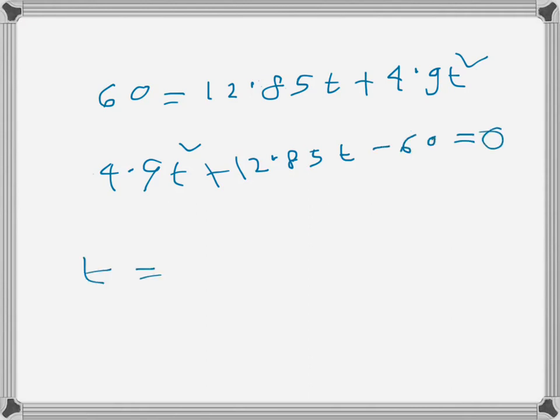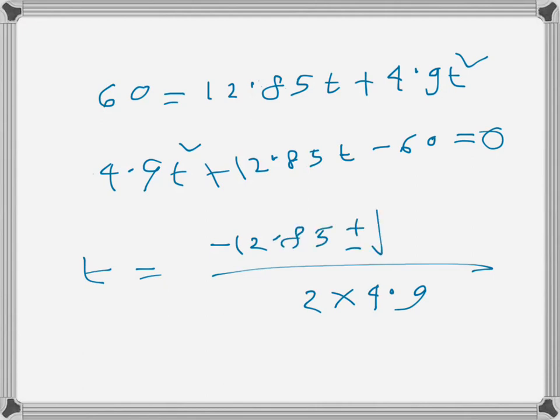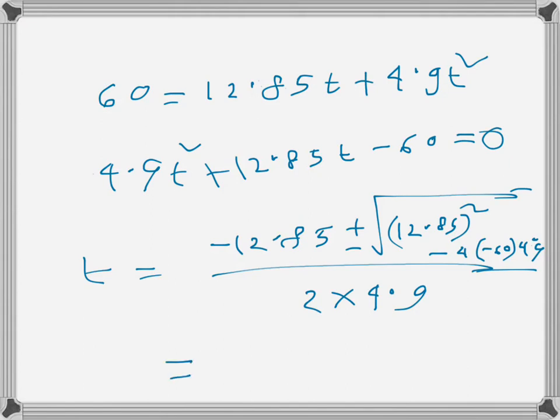So t will be minus b, minus 12.85, plus or minus the square root of b squared, which is 12.85 squared, minus 4ac, so minus 4 times minus 60 times 4.9, all over 2a, which is 2 times 4.9. We will have two roots, and once we calculate it, we will see one of the roots is negative, so we will discard it since it's time. The other one is positive, and I'm just writing it directly.